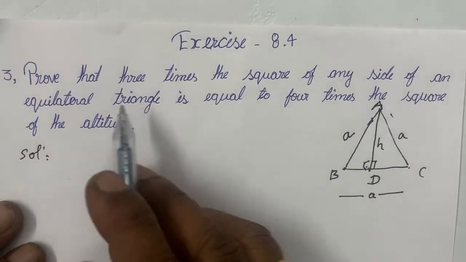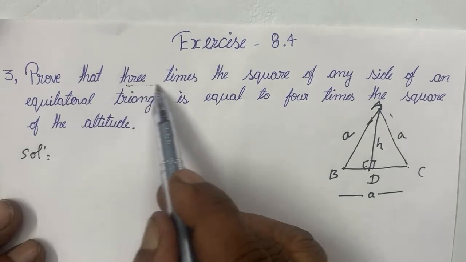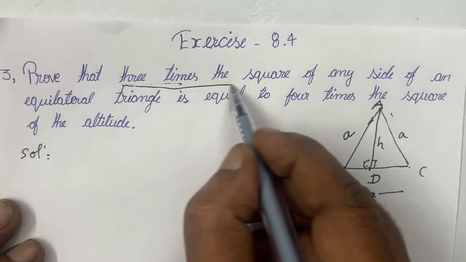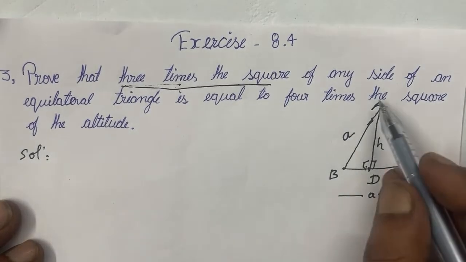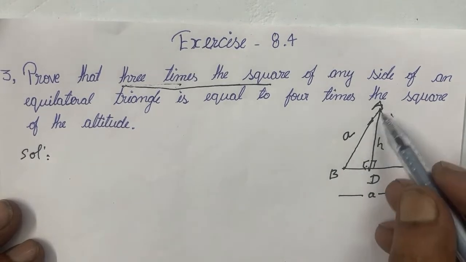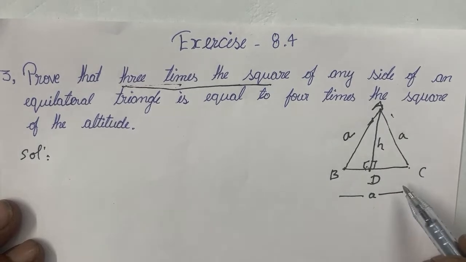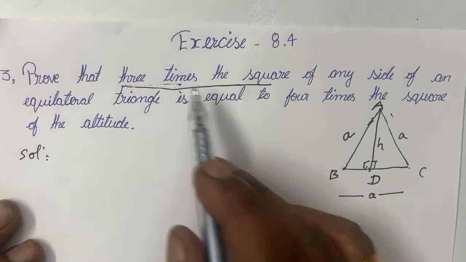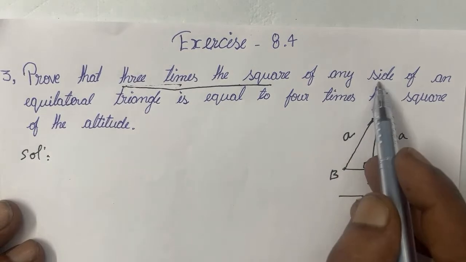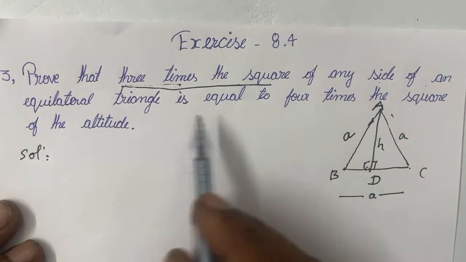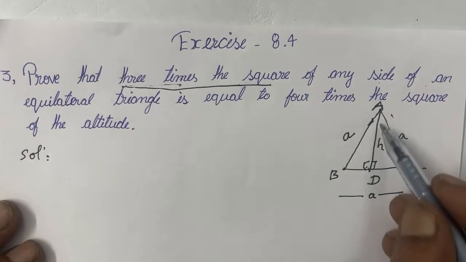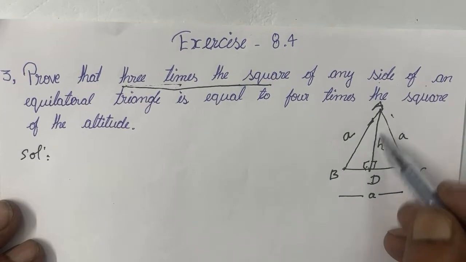So now what is being asked? 3 times the square of any side. Any side means it may be AB, BC, or AC. Three times the square of any side of an equilateral triangle is equal to 4 times the square of the altitude.